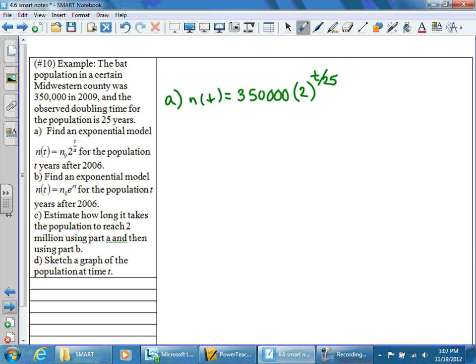B says find an exponential model for the population T years after 2006. So now I'm going to use the same information but write the exponential model. So I know that I had 350,000 to start. And then they told me that after 25 years it would be double.